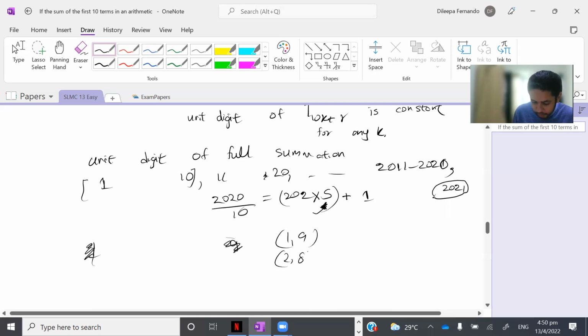2 and 8 can be grouped. So you can group everything except the 5. So you remain with the cube of 5. The unit digit of the cube of 5 is still 5. And you have the unit digit of 10 to the power 3, which is 0. And when you see these 1 and 9 combined, you have 1 cube plus 9 cube, and you can see there's a factor, 1 plus 9.